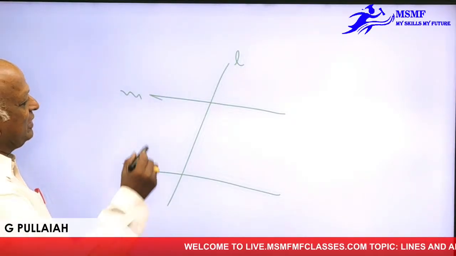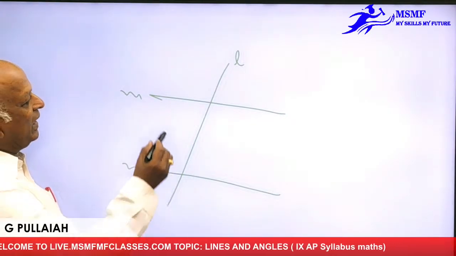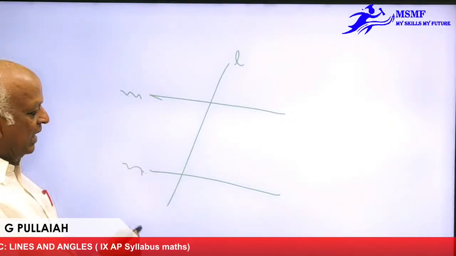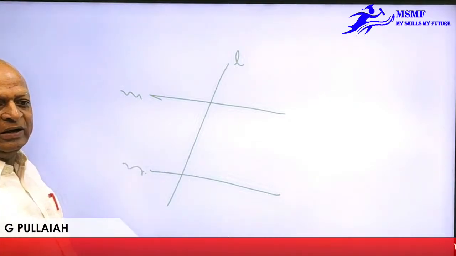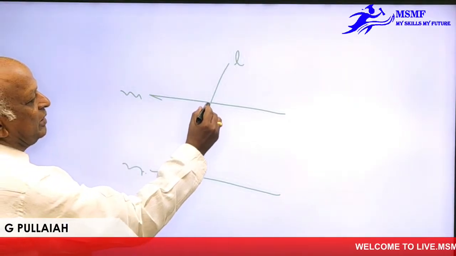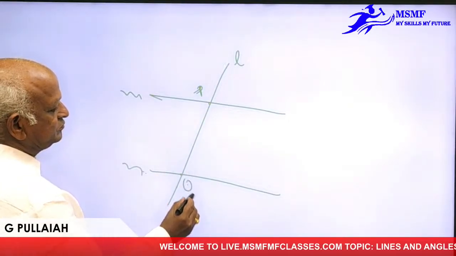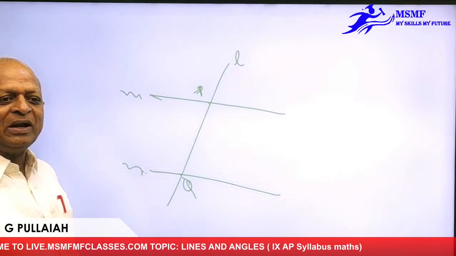What is the difference between M, N, and P? If you think very carefully, M intersects L at one point, and N intersects L at one point, say point P, say point Q. In what way is L different from M and N?